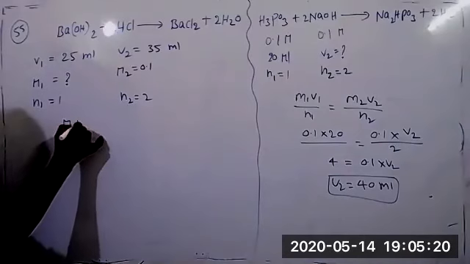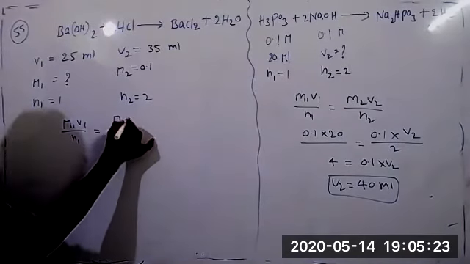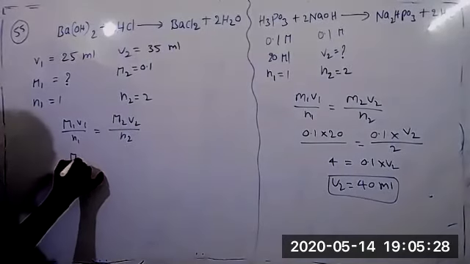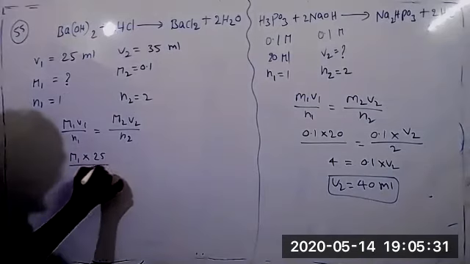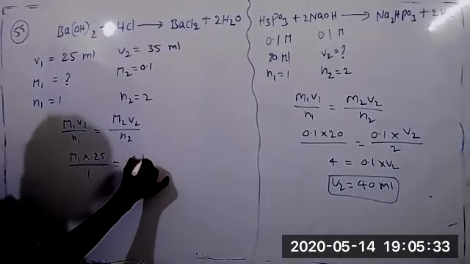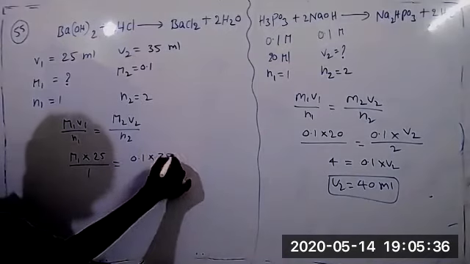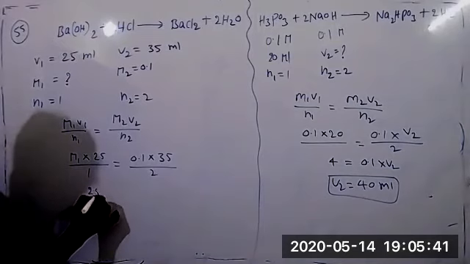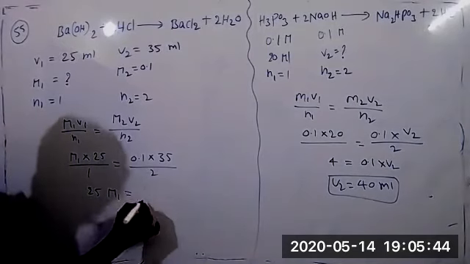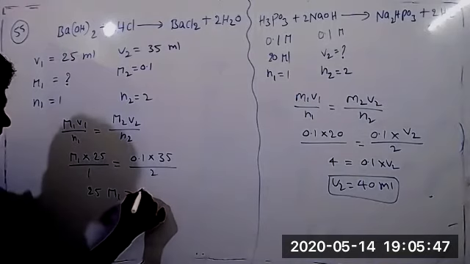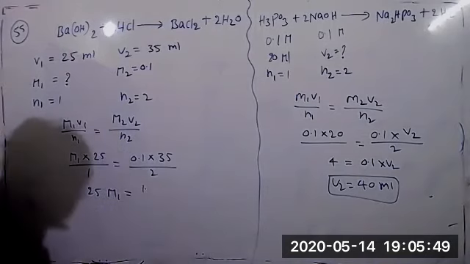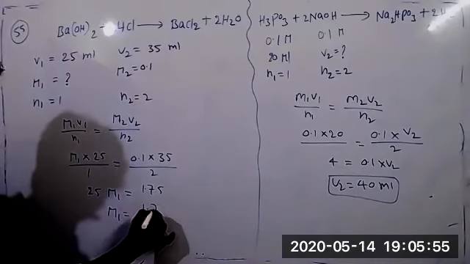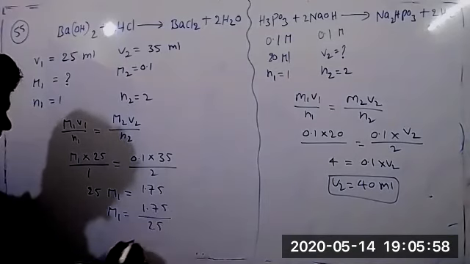Same formula. M1V1 by N1 is equal to M2V2 by N2. M1 we have to calculate, V1 is 25 by 1, equal to M2 0.1, V2 35 divided by N2 2. 25 M1 is equal to 3.5 by 2, that is 1.75. Then M1 is equal to 1.75 divided by 25.